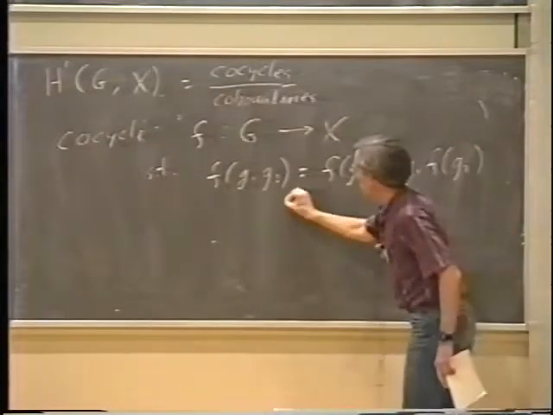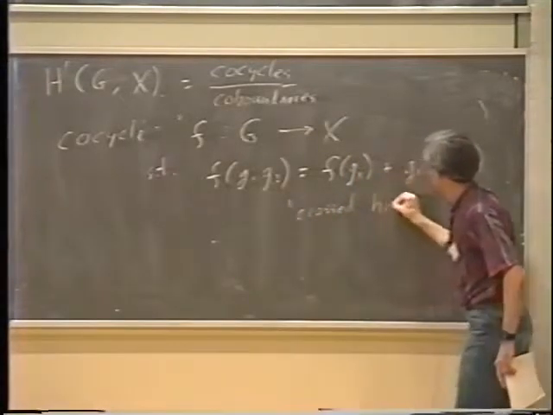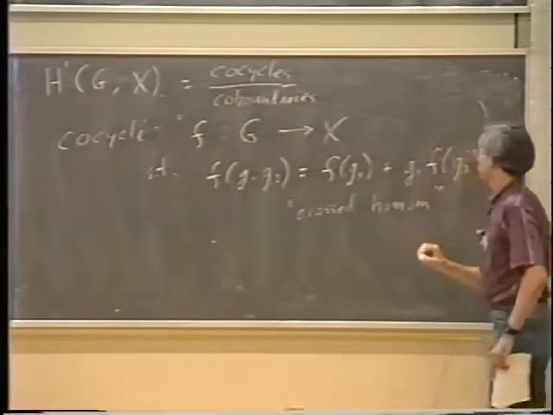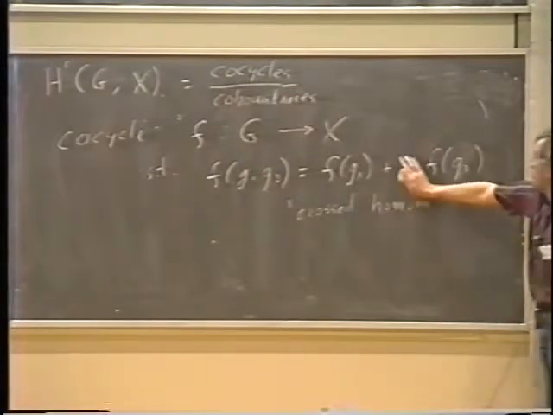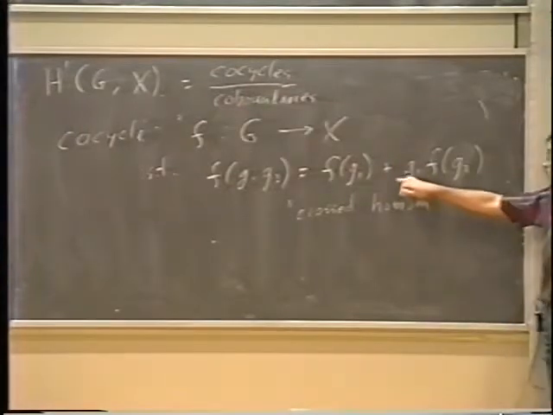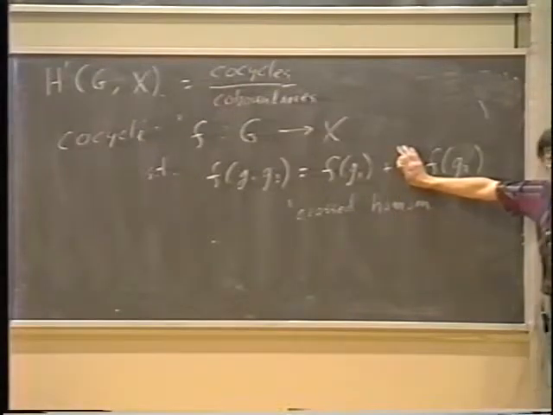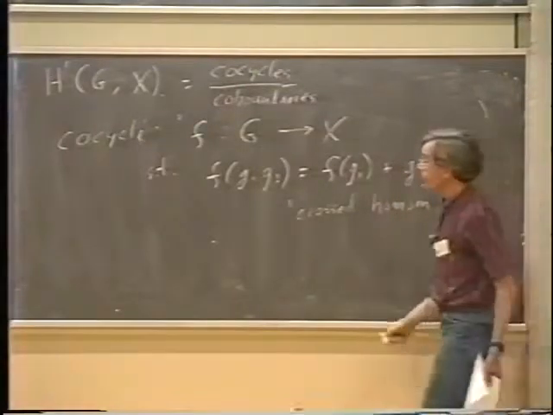So this is sometimes called a crossed homomorphism, because if you didn't have the G1 here, of course, it would just say you have a homomorphism. In fact, that's what will happen if the action of G1 on X is trivial, because then this G1 you can just ignore. Okay, what's a coboundary?